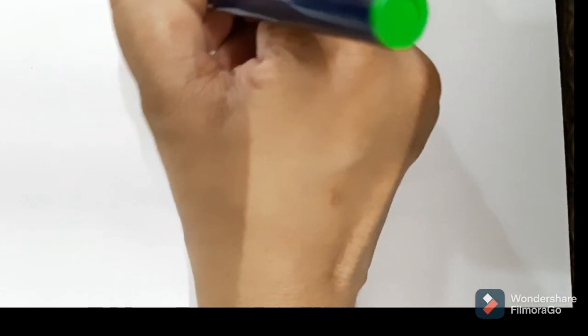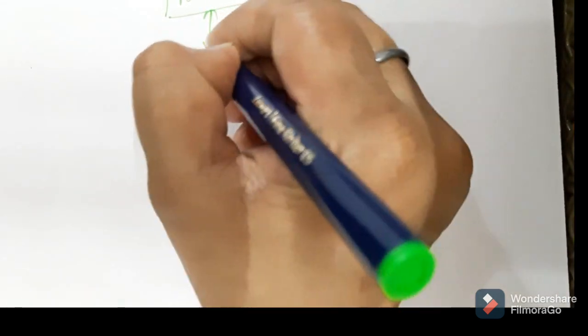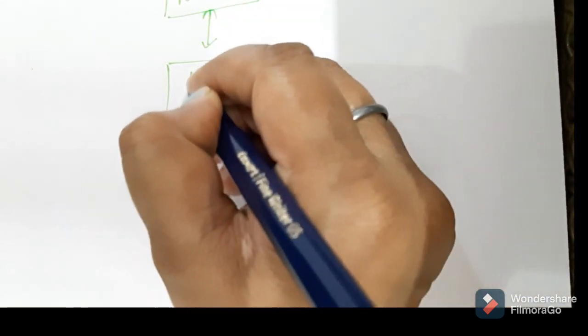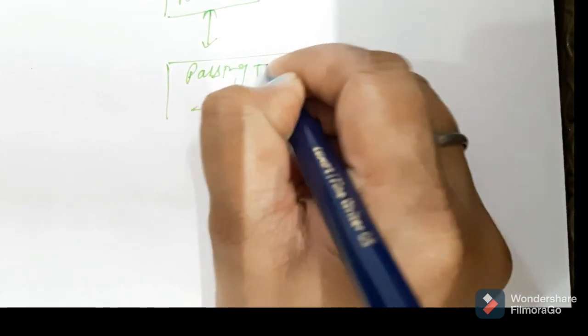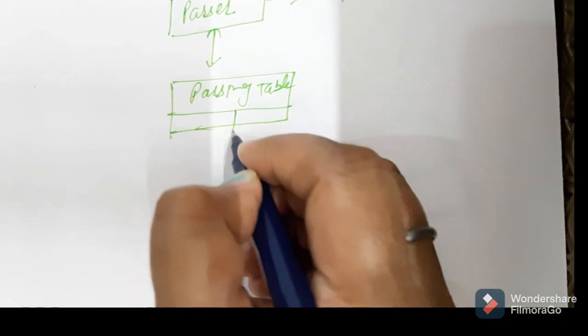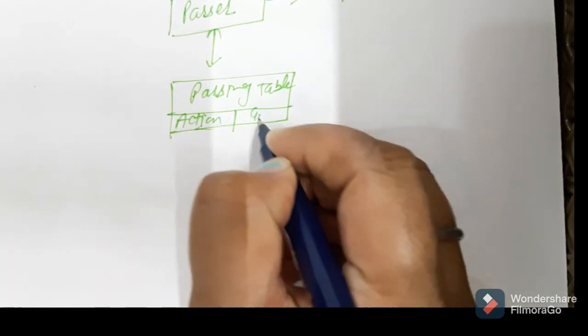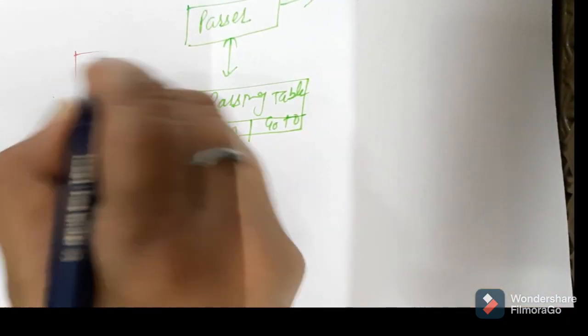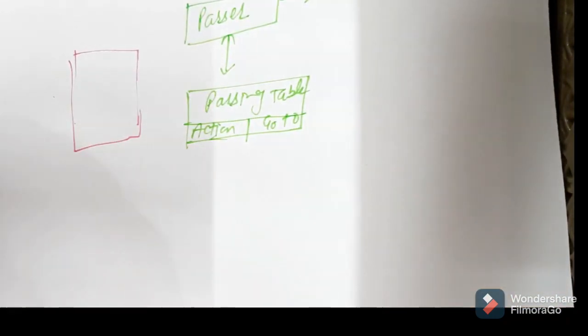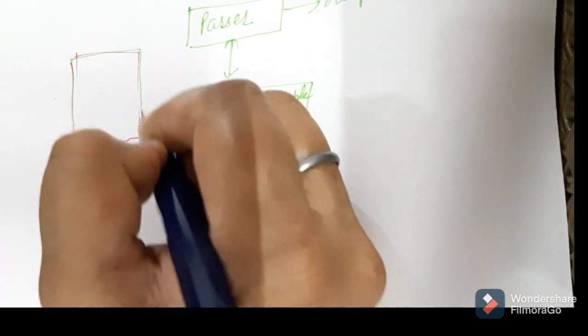Suppose this is the parser which we are discussing here, and this is the output. Here I am using a parsing table. Parsing table is one of the most important tables here, and this parsing table is divided into two parts: one is action and second one is goto. And here we use a stack, which is one of the most important things.